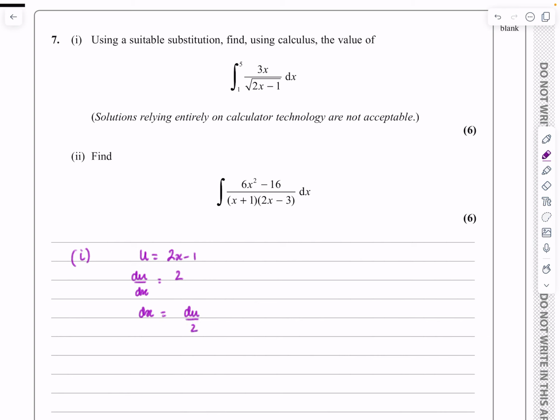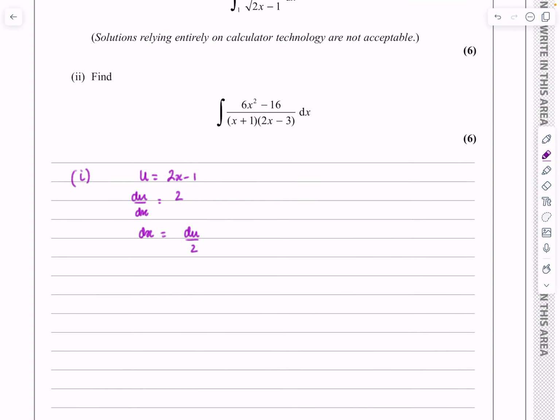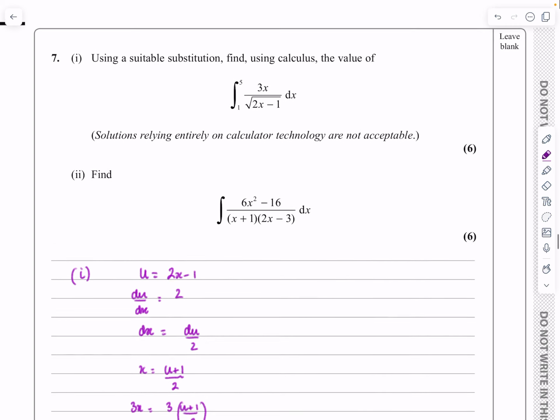So no problems with that part. If I rearrange, I'm going to get that x is equal to u plus 1 divided by 2. So 3x is going to be 3 times u plus 1 over 2.